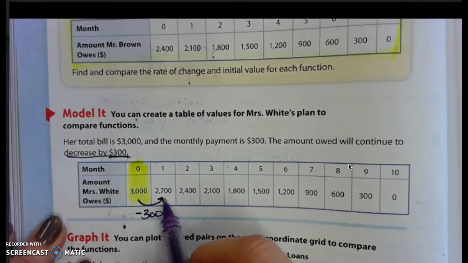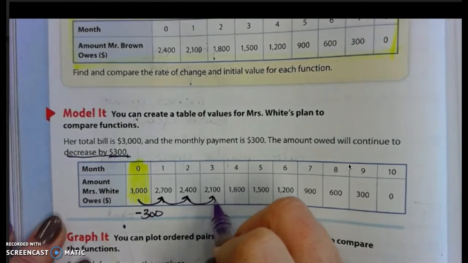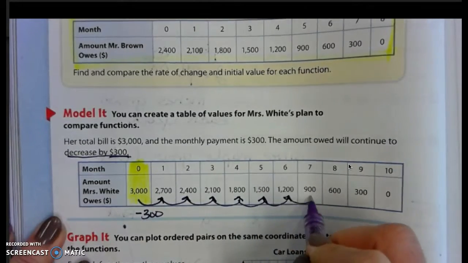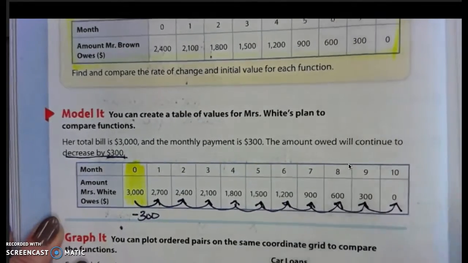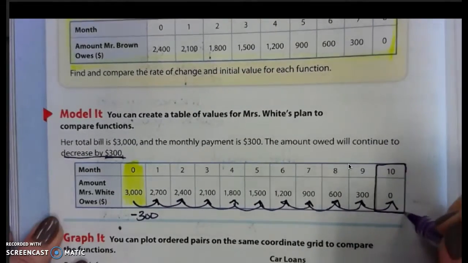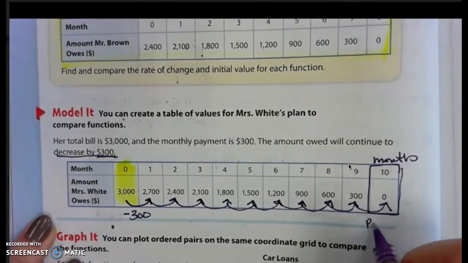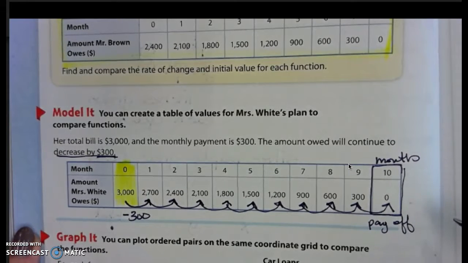So 3,000 minus 300 is 2,700, minus 300, minus 300, minus 300, minus 300, and you just can keep subtracting 300 until you get to 0. And that's going to tell us how many months it takes to pay the car off. So it's going to take Miss White 10 months to reach $0 on that car.